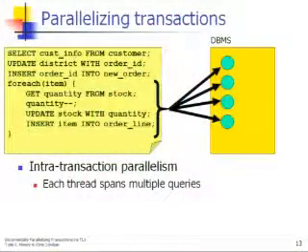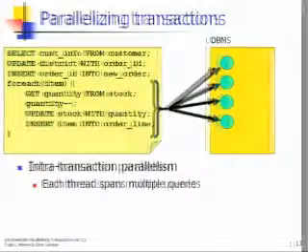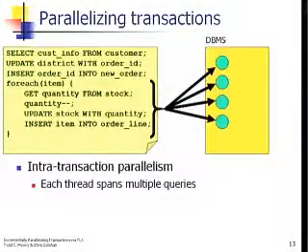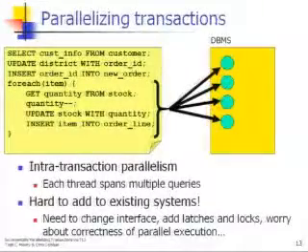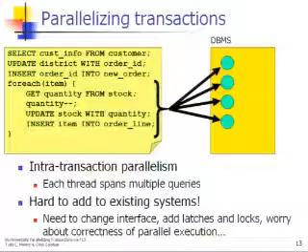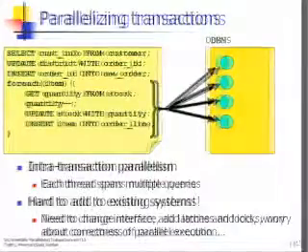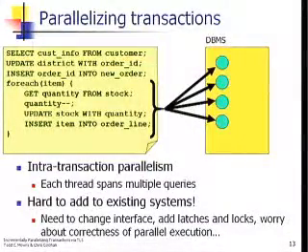What I'd prefer to do is actually get parallelism across separate queries within one transaction. So for example, I could take different iterations of this loop and try to run those iterations in parallel. So that sounds good. But this doesn't work. This would break Berkeley DB and probably a lot of other systems because they're not written with this in mind.